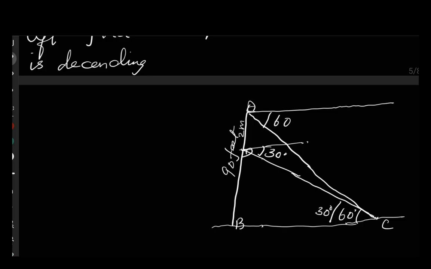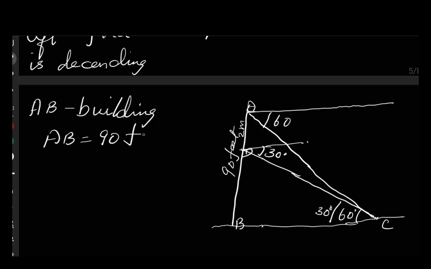First you have to find the distance. Time we know, so after 2 minutes how much distance it covered, AD. Then I can find the speed. For this, let me take AB, the building, AB is equal to 90 feet.